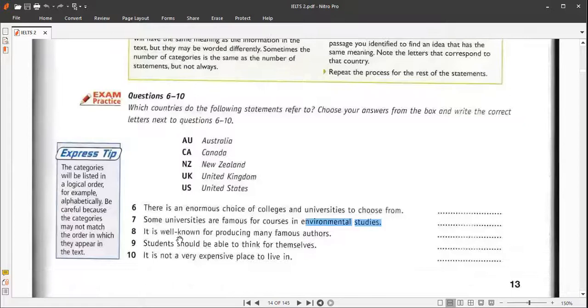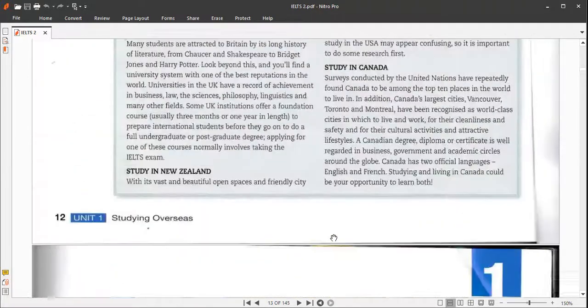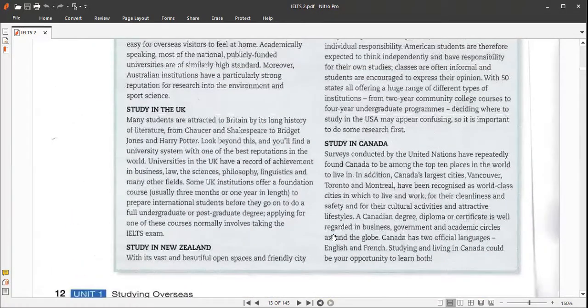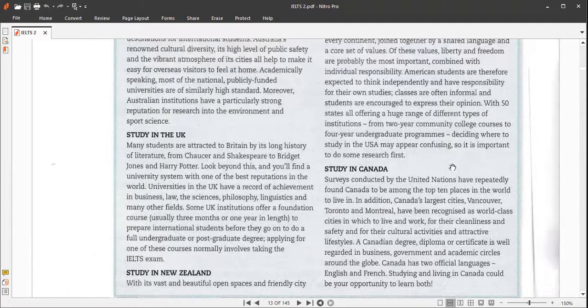Next, well known for producing many famous authors. Okay, famous authors. Do we have anything about authors in Canada? Authors, writers? No?